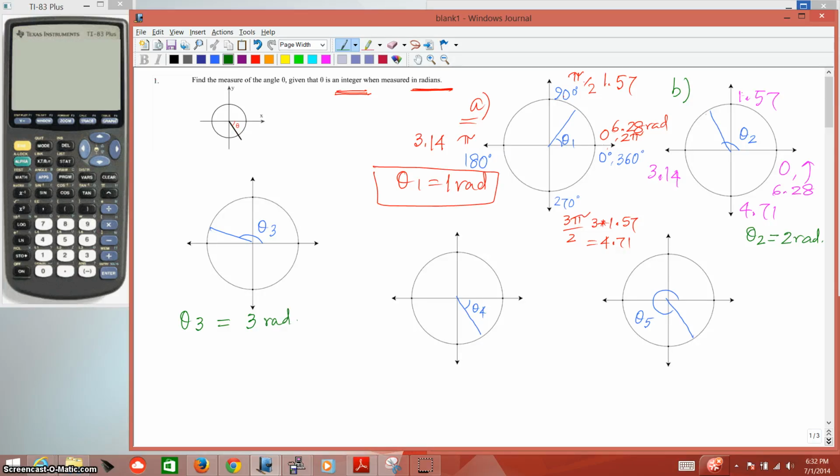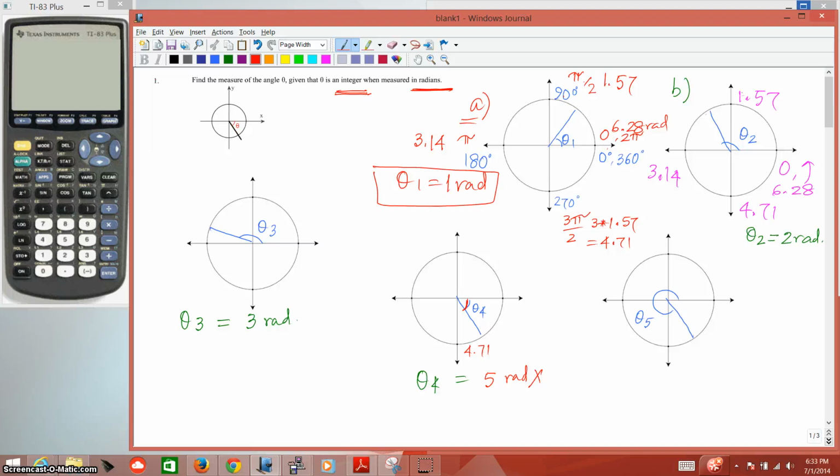Look at theta 4. Again, here I sometimes get an incorrect answer. Students sometimes think that since it's past 4.71, if I just label this one in radians, they come up with an answer of 5 radians, which is absolutely wrong in this case, because notice the angle I identified turns out to be an acute angle.